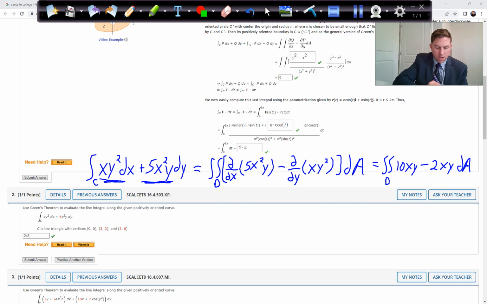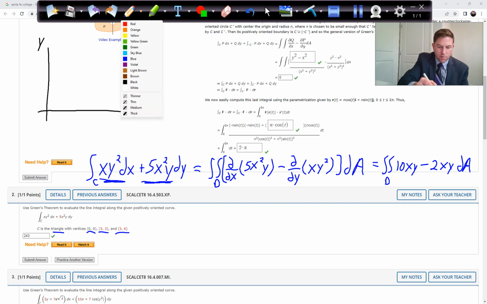And they tell us that C is the curve that is a triangle with vertices (0, 0), (3, 3), and (3, 6). So let's draw that. Everything's in the first quadrant. So we have three points, (0, 0), then let me put some hash marks in here, 1, 2, 3, and up to 6.